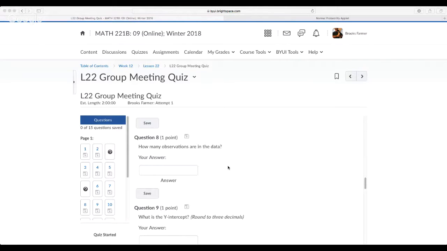Yeah. All right. How many observations are in the data? Does it give us? I thought it did. Would that be the DF? Where's that at? No, they didn't have that. Sorry, ignore that.